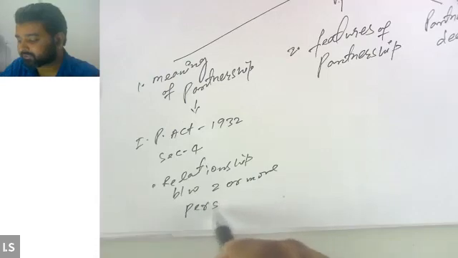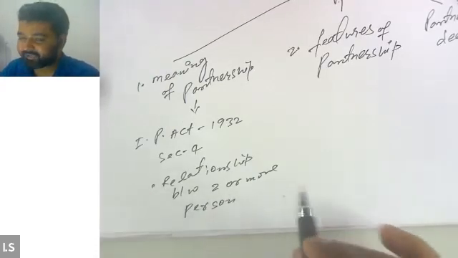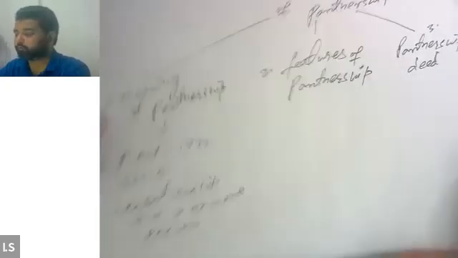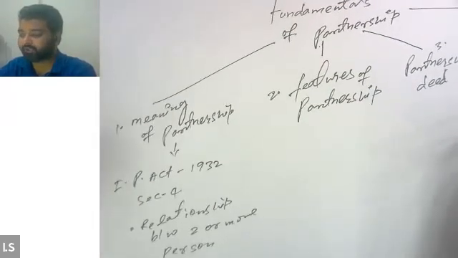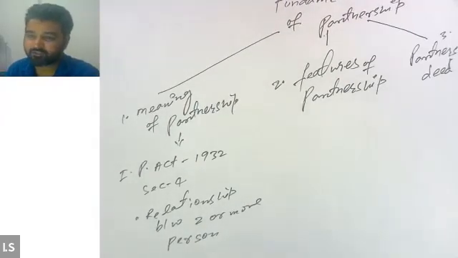So partnership is nothing but a relationship between two or more persons who have agreed to share the profits or losses of the business. When two or more persons agree to work together and agree to share the profits of the business, it is considered a partnership.